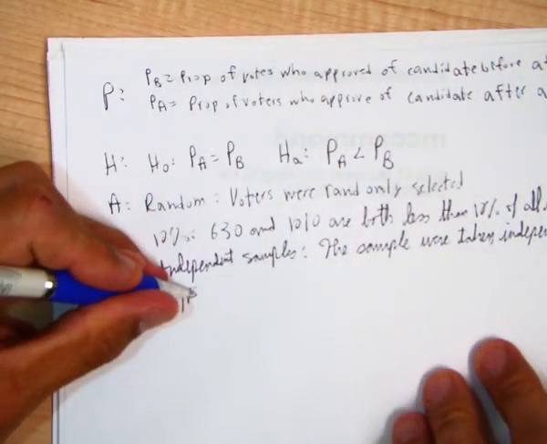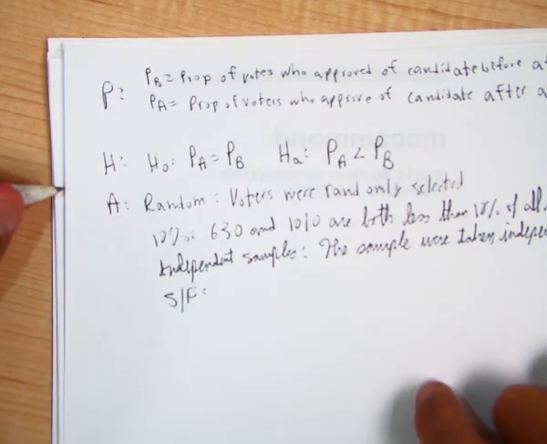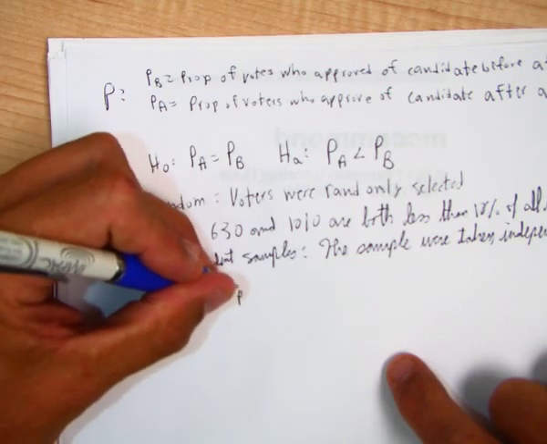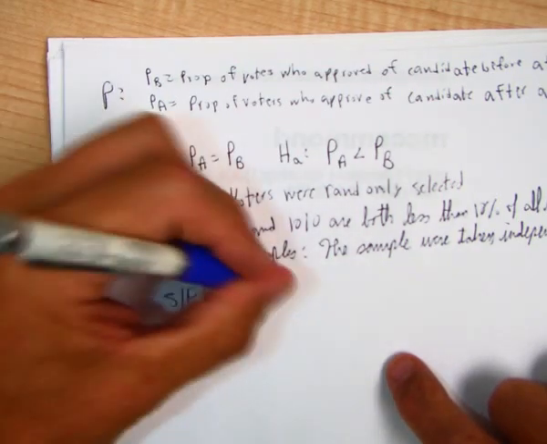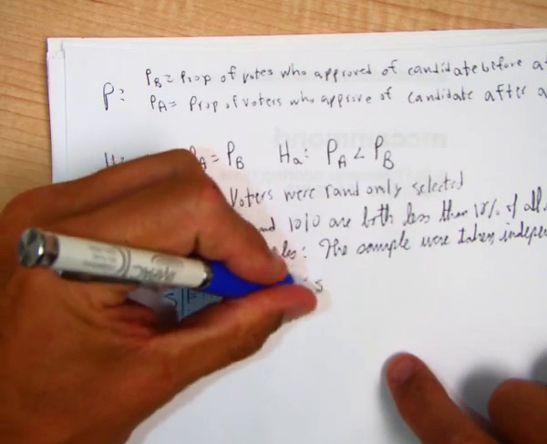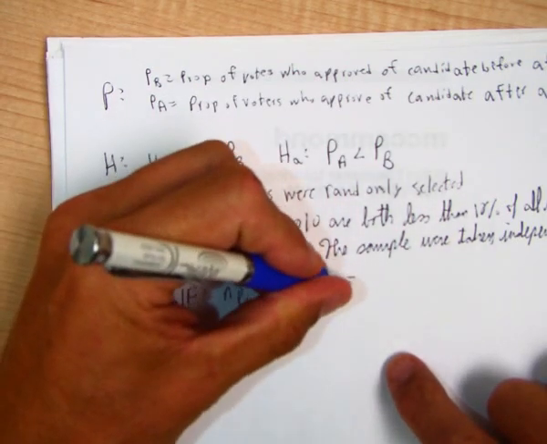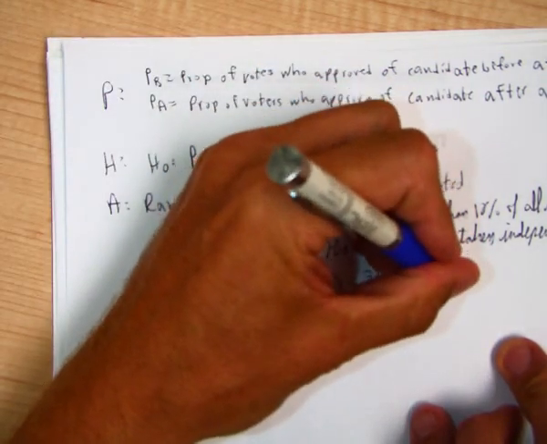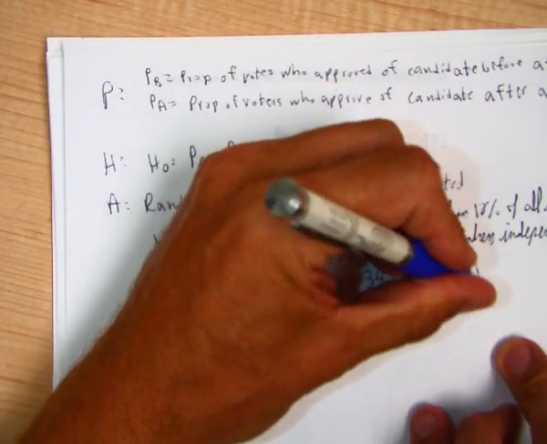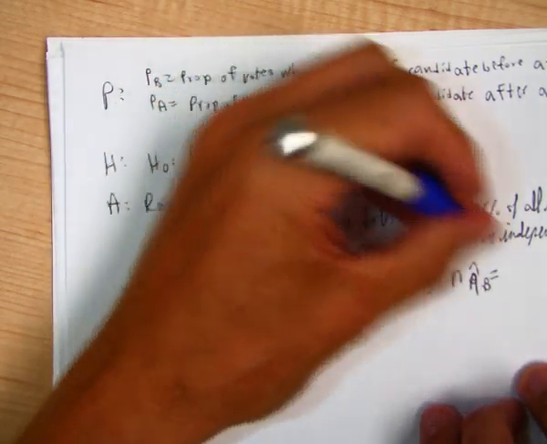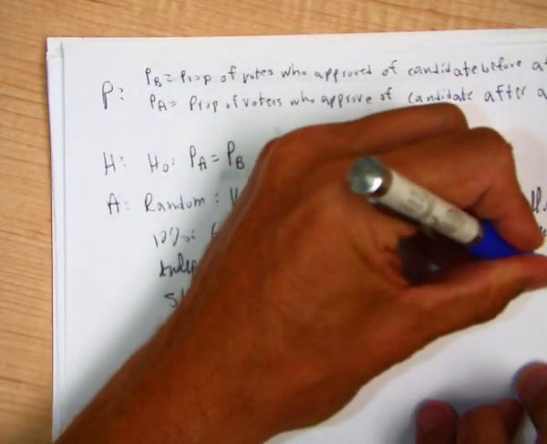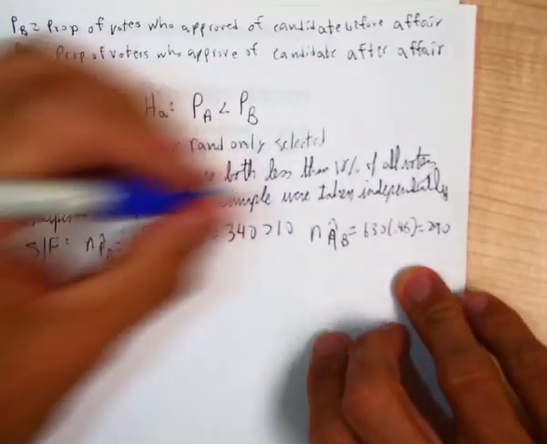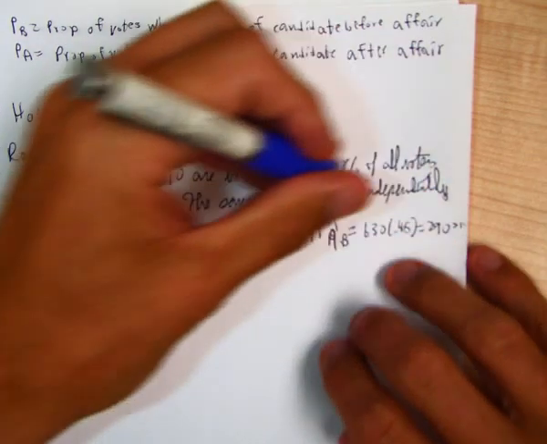And then success/failure. n p-hat for before is 630 times 0.54, which is 340, which is greater than 10. And n q-hat before is 630 times 0.46, which is 290, which is also greater than 10.